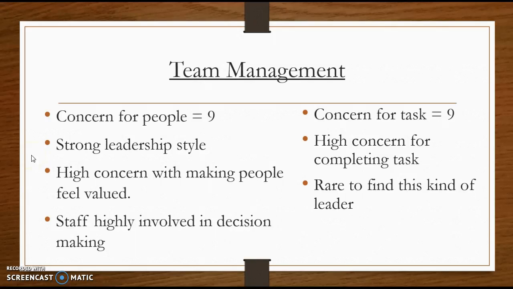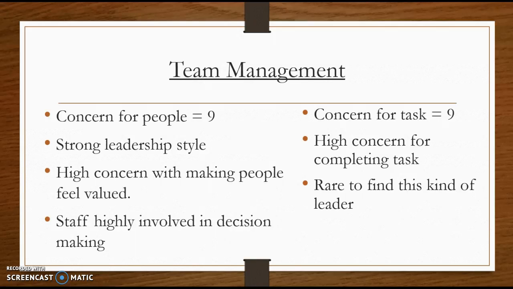Team management. Team management has a high concern for people at a level 9 and a high concern for task at a level 9 also. This is a very strong leadership style. The manager has a high concern for completing the task, but also cares a lot about the people and their staff. And the staff is very involved in making decisions.